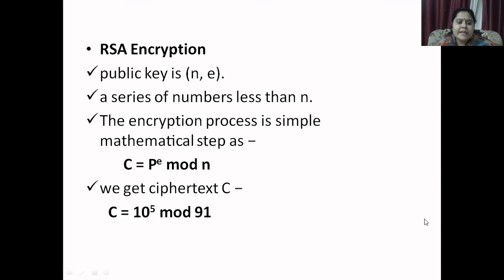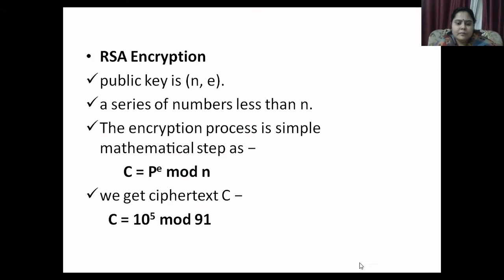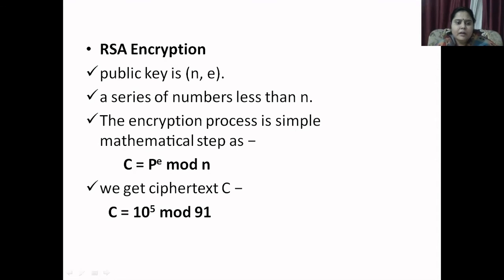Now let's see RSA encryption. In RSA encryption, suppose the sender wishes to send some text message to someone whose public key is (n, e). The sender then represents the plain text as a series of numbers less than n.